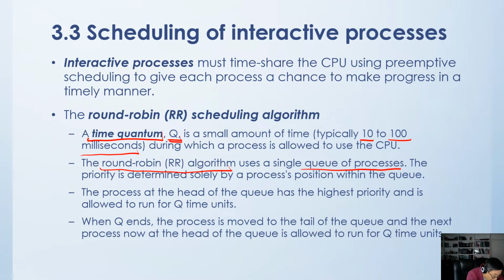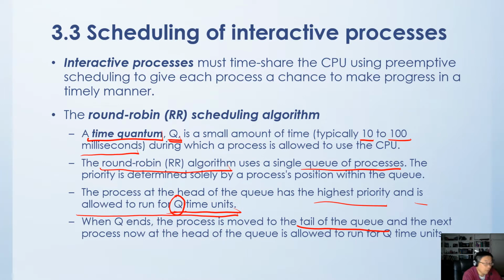The process at the head of the queue has the highest priority and is allowed to run for Q time units. Remember, Q is the time quantum. If the time quantum is 100 milliseconds, each process is able to run for 100 milliseconds, then switch to the next process, which also runs for 100 milliseconds. When Q ends, the process is moved to the tail of the queue, and the next process at the head of the queue is allowed to run for Q time units.